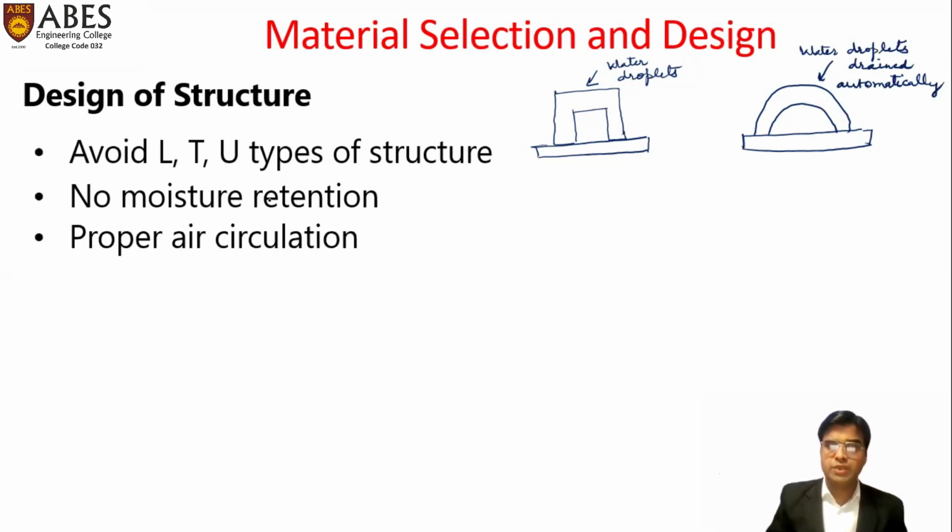Further, it should ensure proper air circulation. If proper air circulation is there, in that case, it will dry completely and there will be enough access to the oxygen. So in that case, no area will be poorly oxygenated and differential aeration corrosion will not happen.